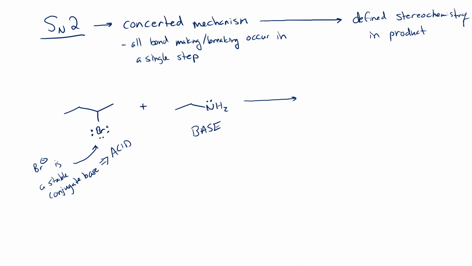You'll notice that anytime we use nitrogen, it tends to react as a base. It has a nice lone pair here, and so it can react as the base. And the lone pair is where we're going to start our reaction. Okay, so where is this lone pair going to go? Well, it's going to react with the acid, and we want to generate Br minus. And so here's the plan.